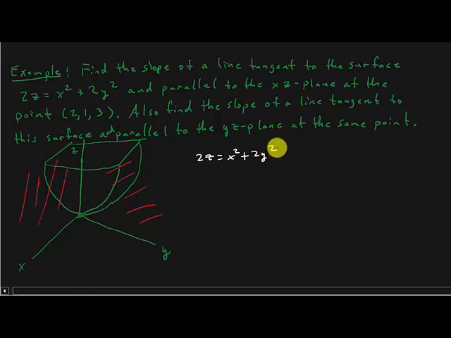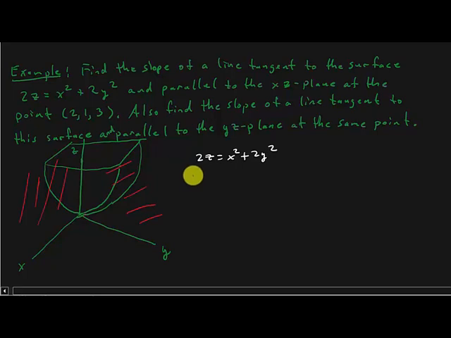And we want to find the line tangent to the, let's see, what does it say? Find the slope of a line tangent to this surface and parallel to the xz plane. So what we'll have to do here is take the partial derivative of this with respect to x. So remember, y is treated like a constant.